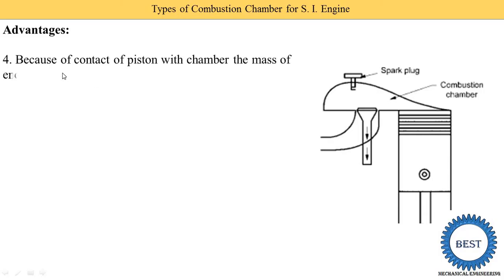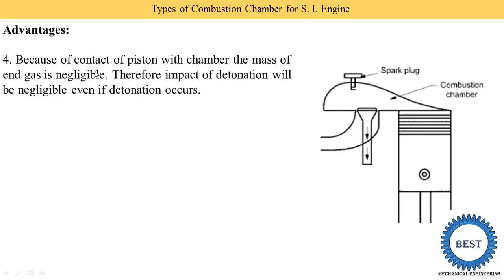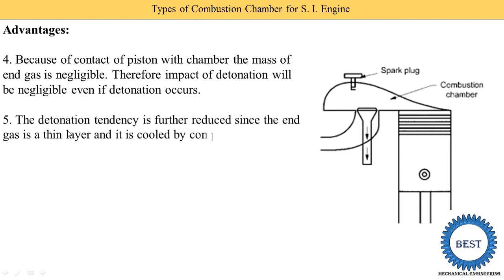Next advantage: because of contact of the piston with the chamber, the mass of end gas is negligible, meaning during the exhaust time the majority of the gases go through the exhaust valve to the atmosphere. Therefore the impact of detonation will be negligible even if detonation occurs. The detonation tendency is further reduced since the end gas is a thin layer.